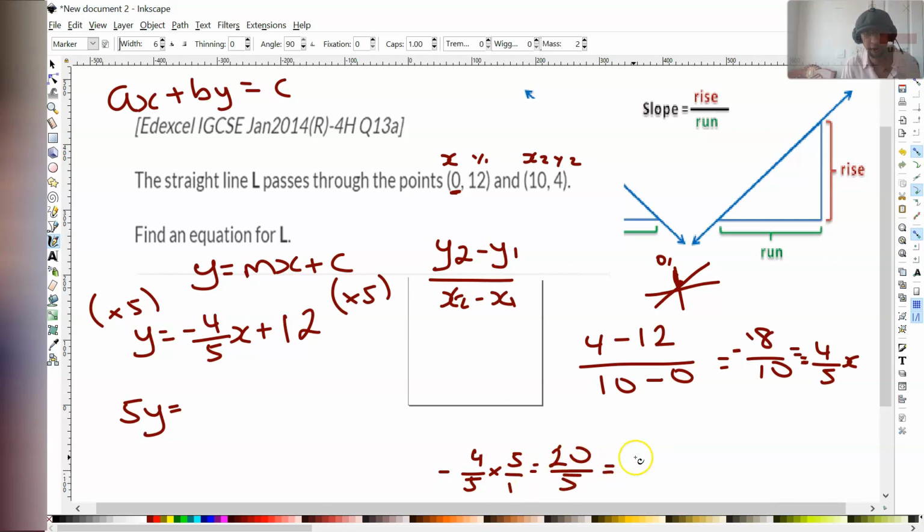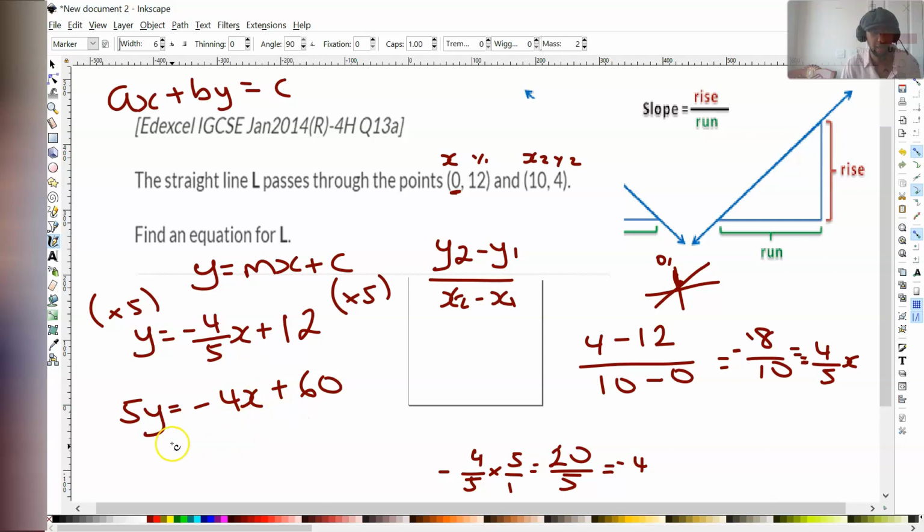What's 20 divided by 5? 4. So because it's negative, we're multiplying by 5 to get rid of this 5 there. I hope I didn't confuse you too much, but that's the idea. Then 5 times 12 is 60.